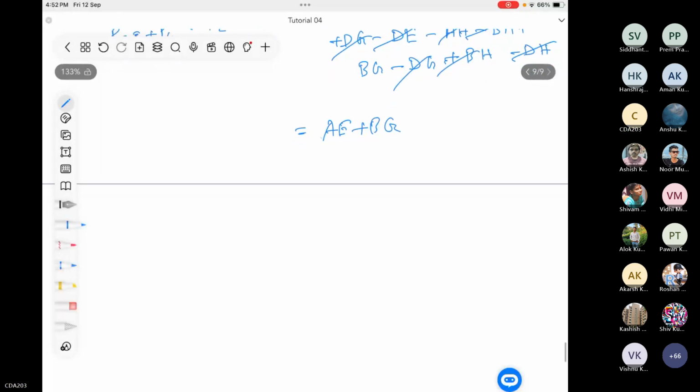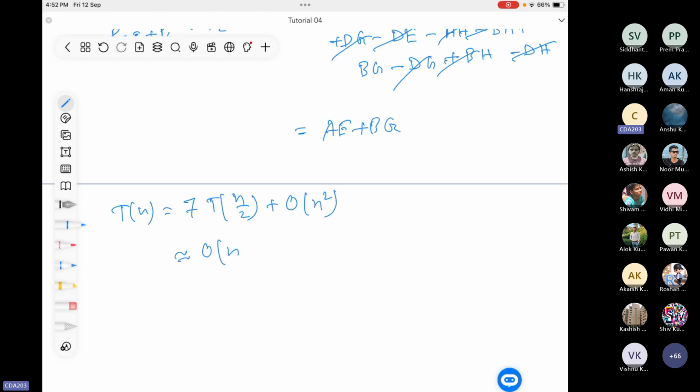So in this case, the running time will be, since the addition and subtraction take the same time, T(n) equals 7T(n/2) plus order n square. So you can apply the master method also.